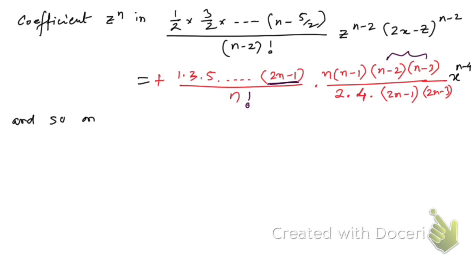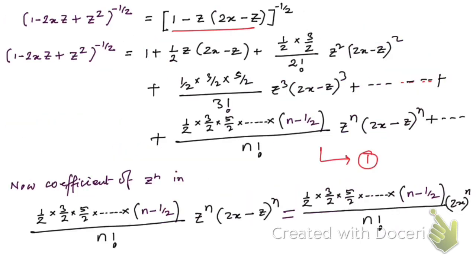Now you see, from equation number 1, if we take the coefficients of z to the power n only, then what are we going to have?